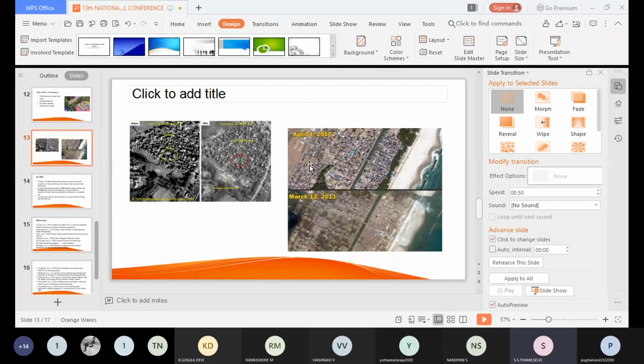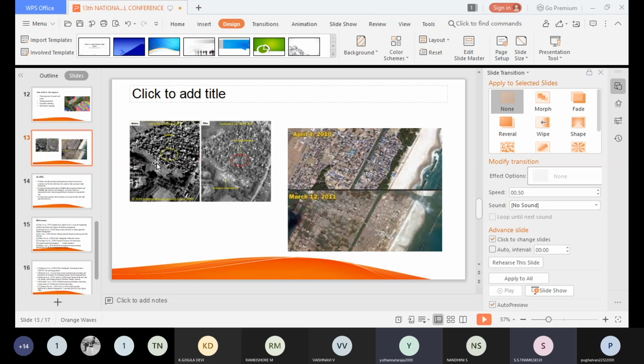Ma'am, the left side image is the input, the place before the disaster. Your audio is breaking. Can someone convey this message?